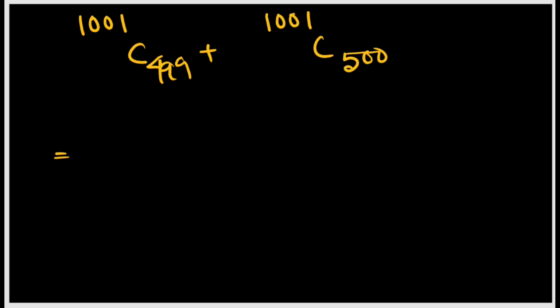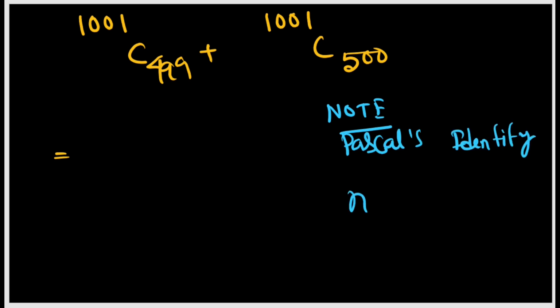Now we want to find this sum, 1001C499 + 1001C500. Remember one thing: in the binomial theorem there is an identity known as the Pascal identity. The Pascal identity is nCr-1 + nCr = n+1Cr. On the left-hand side n is the same, but the r terms are r-1 and r.